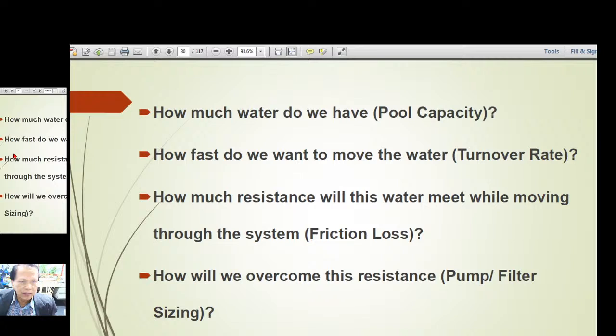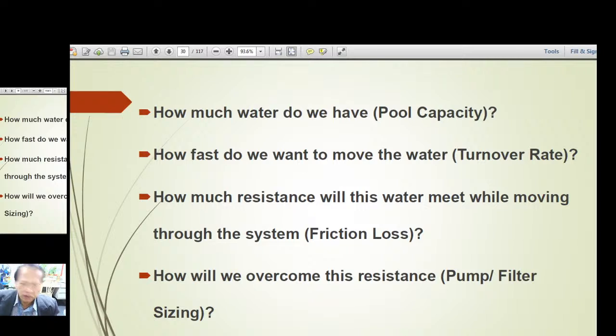How fast do we want to move the water? This is the turnover rate. How fast you're going to turn over the water going to the filter, to the pump, and back to the pool. No? How much resistance will this water meet while moving?